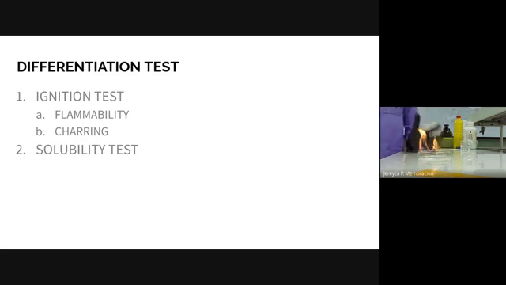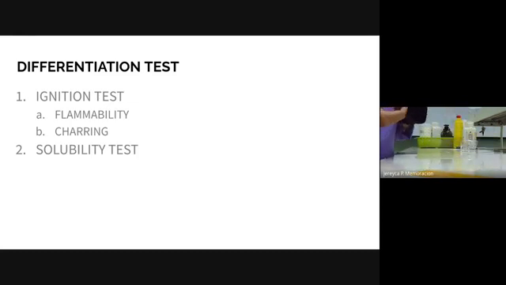So this is the burning of ethyl alcohol with a lighted stick. Okay, that's the end of our flammability test. Let's put it aside.